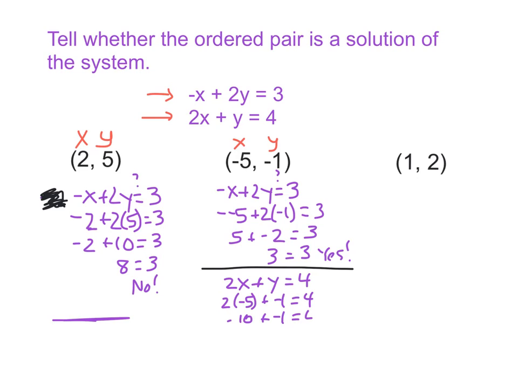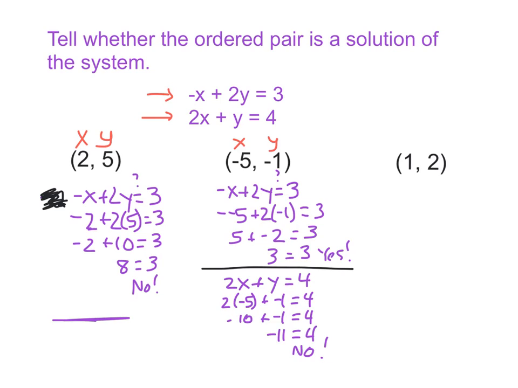And the question is, are these equal? As you can tell, they're not going to be. Negative 10 plus negative 1 is negative 11. And negative 11 equals 4 is false. That's no, not true. So no, the answer to the question, negative 5, negative 1 is not a solution to this system because it's only true for one equation and not the other one.